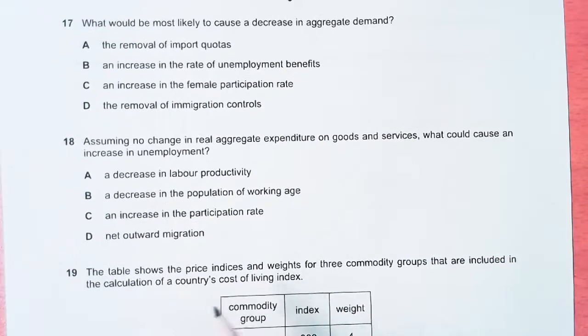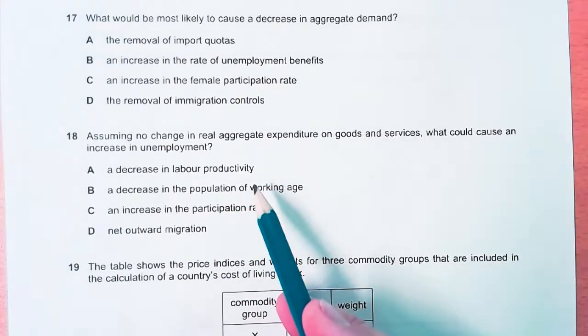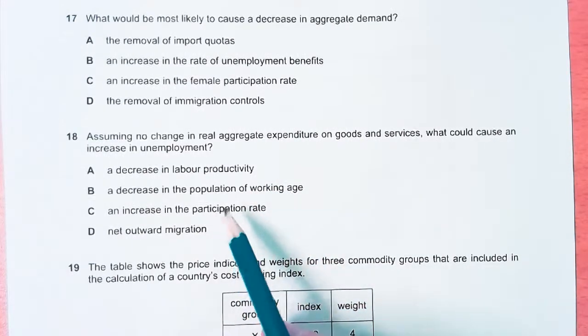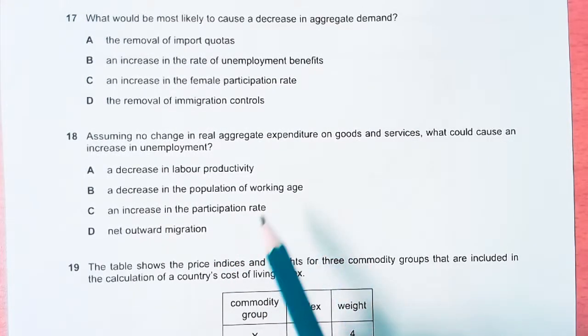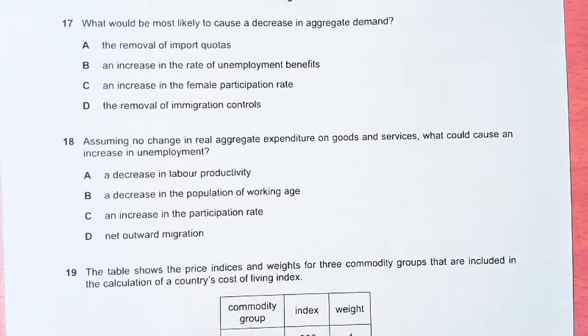So if we think about these, this first one would reduce the marginal revenue productivity of workers. So it may mean that they earn less. A decrease in the population of working age, well, that's going to increase employment overall, so it's not that one. An increase in the participation rate, well, this is plausible now.